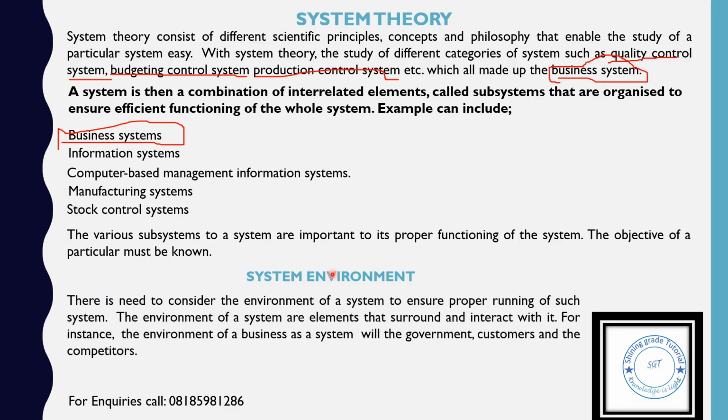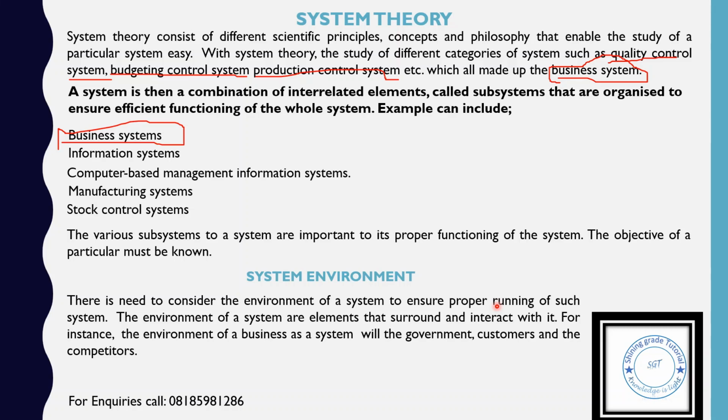So we said that there is a need to consider the environment of a system to ensure proper running of such a system. The environment of the system are elements that surround and interact with it. For instance, in a business as a system, are you with me? The government, the customers, the competitors, the suppliers can be very good examples of an environment.